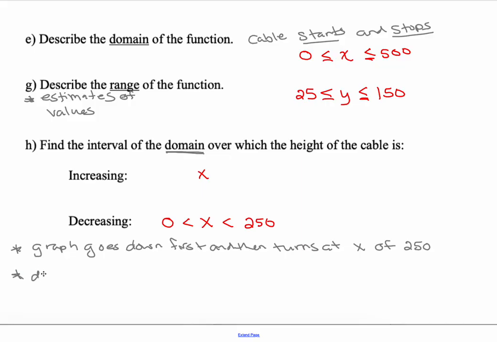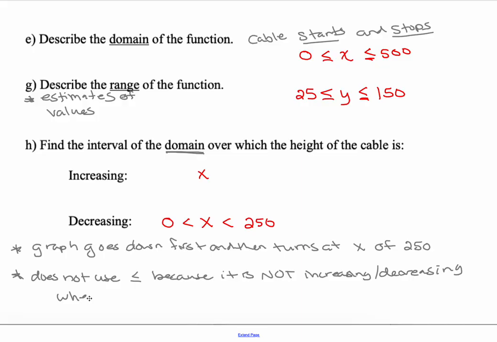This does not use the less than or equal to sign because it is not increasing or decreasing when turning. It's more kind of stationary. It also doesn't increase or decrease when it starts and stops. Just remember that as well. Anytime it is stationary, it's not increasing or decreasing.